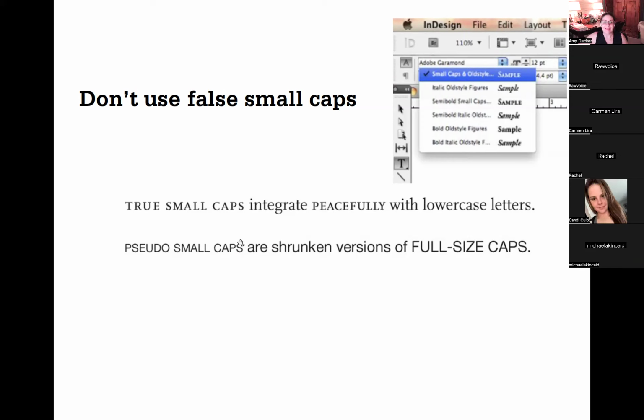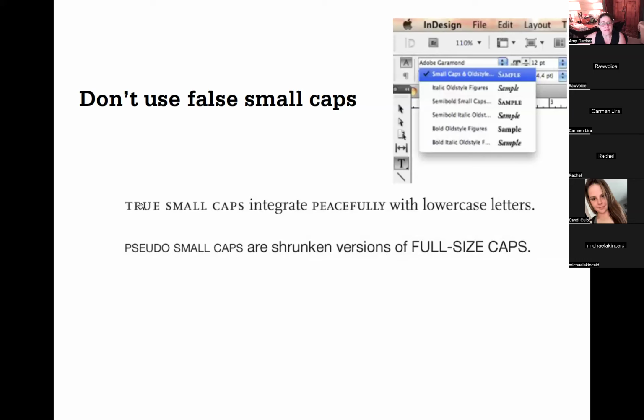Pseudo small caps are shrunken versions of full-size caps, and that's what the second line is. Pseudo small caps, see the stroke weight, and when you see the words "are shrunken versions" as lowercase, you know it's darker in color. It's a heavier weight because these have been shrunk, so the stroke weight is no longer the correct weight. And then you can see the full-size cap.